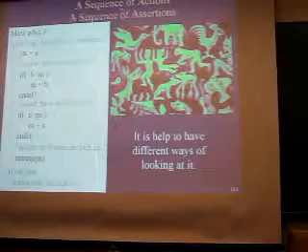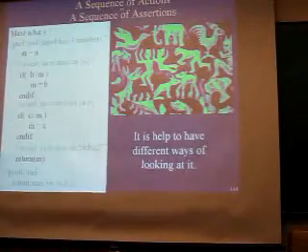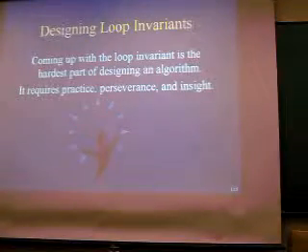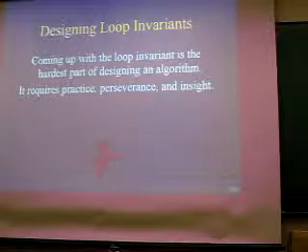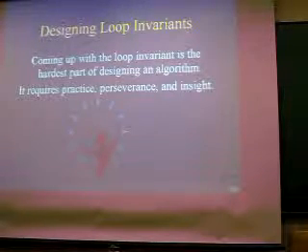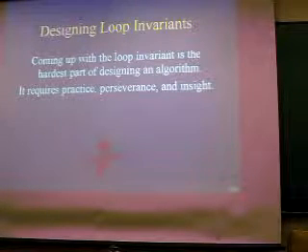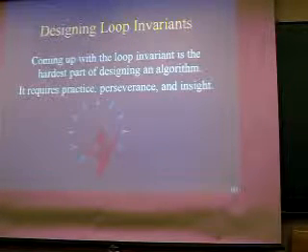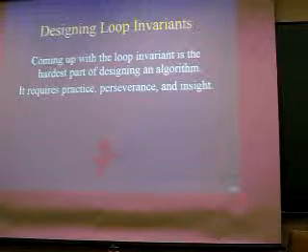So the one thing I've been emphasizing is thinking about an algorithm as a sequence of assertions as opposed to a sequence of actions. And the key assertion is the loop invariant, and the loop invariant is hard to come up with. It's part of the art. And when I started teaching this, people ask, well, how do you come up with a loop invariant?